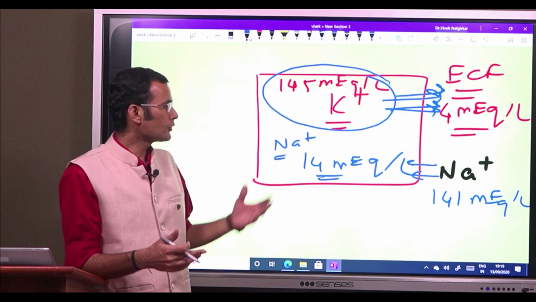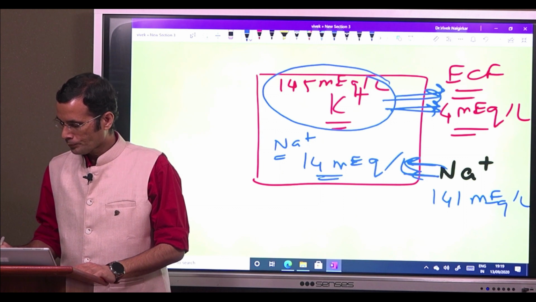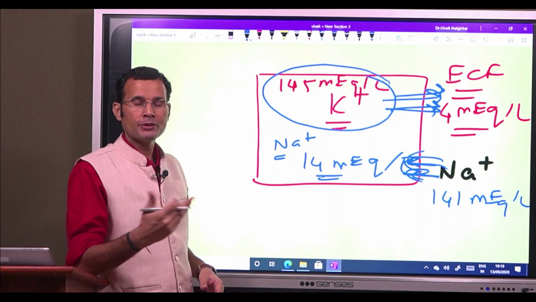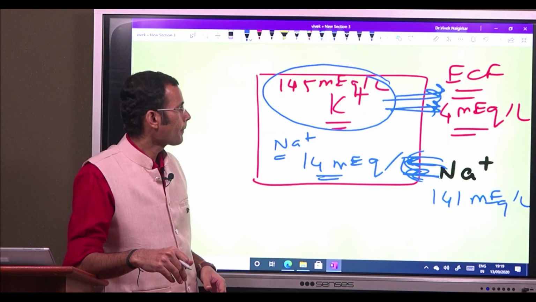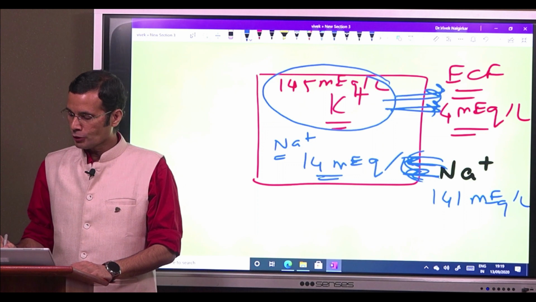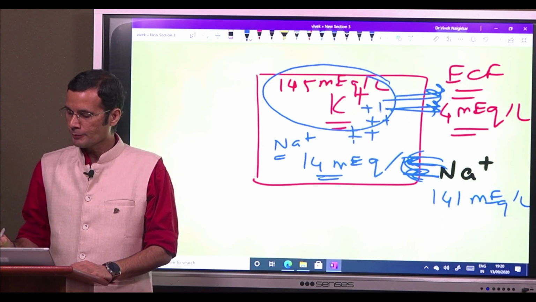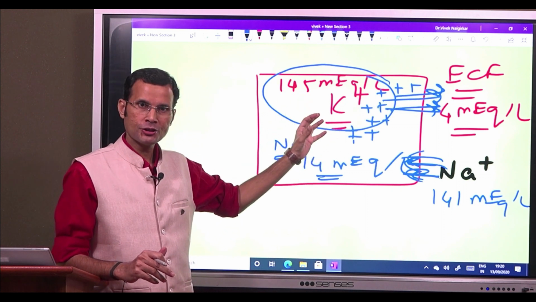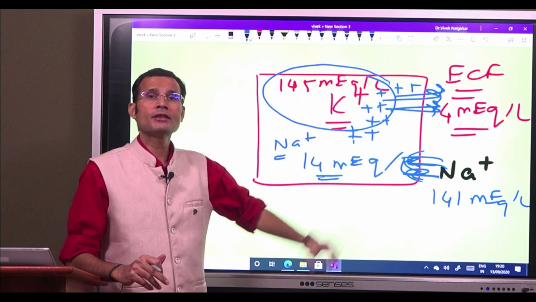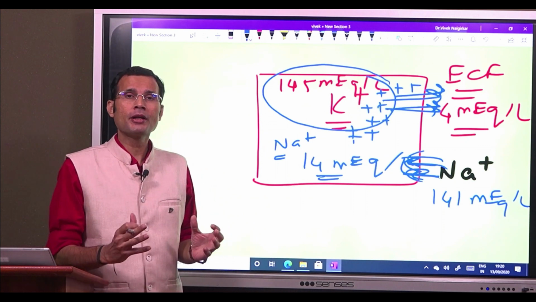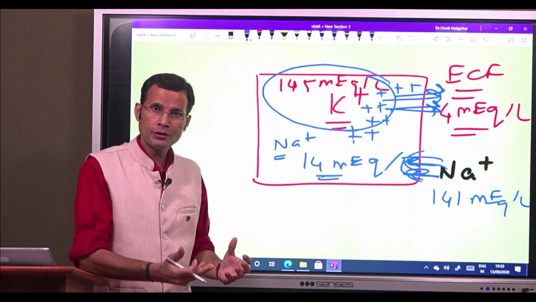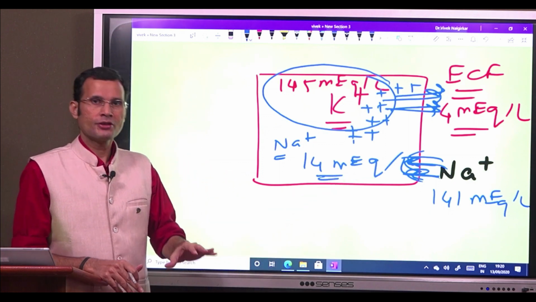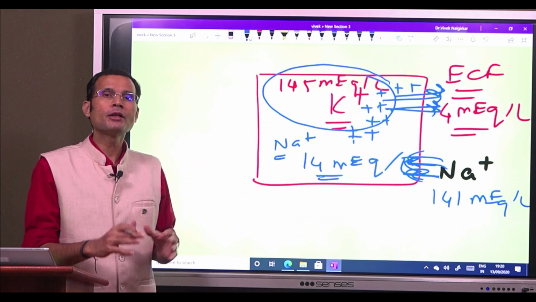On top of that, if the sodium comes in for whatever reason, for example during the depolarization of cells, sodium coming in brings in a lot of positive charges into the cell, and therefore potassium, being a positive charge, is driven out of the cell because of that electrochemical gradient which has been altered or created by the sodium influx into the cell. Remember this, I will discuss this later again in the particular context.